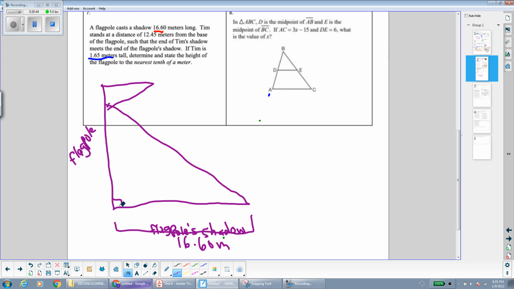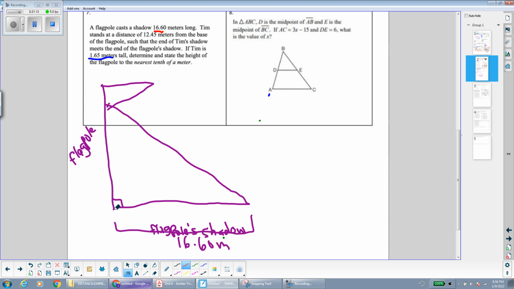And here we have a triangle, a right triangle to be exact. Now we're talking about Tim. And Tim is standing at a distance of 12.45 meters from the base of the flagpole. So the whole length of the flagpole shadow is 16.60 meters.